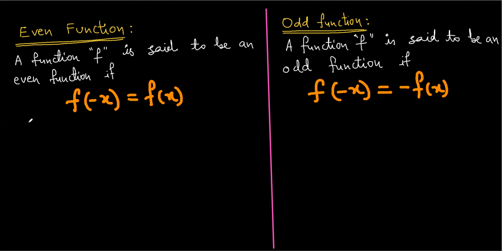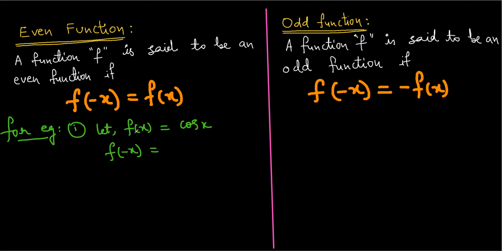If you are thinking how is that possible, I shall give you an example. Let f of x be cos of x. Now let me find f of minus x. If f of x is cos x, f of minus x will be cos of negative x. We all know that cos of negative x is the same as cos of x. So f of minus x is also cos x.